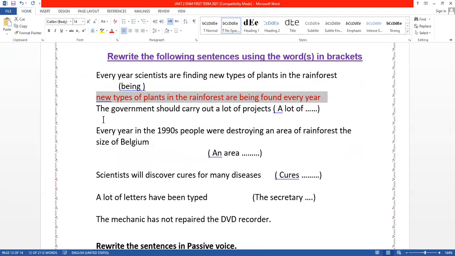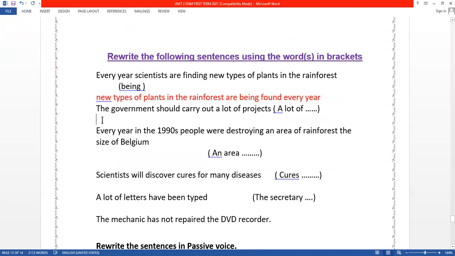The government should carry out a lot of projects. Here, the object is a lot of projects.